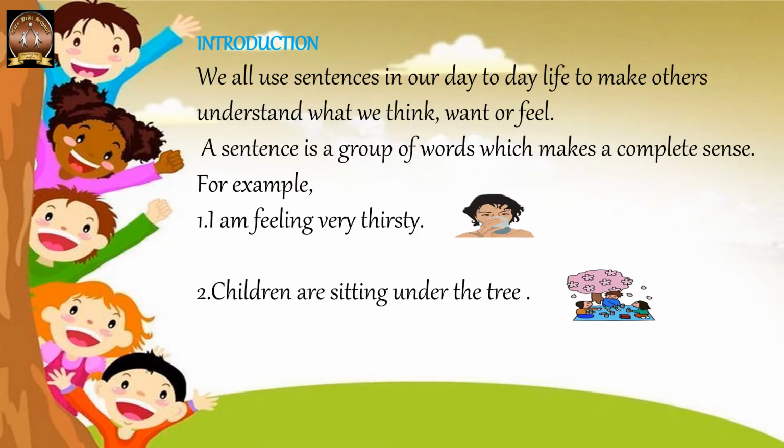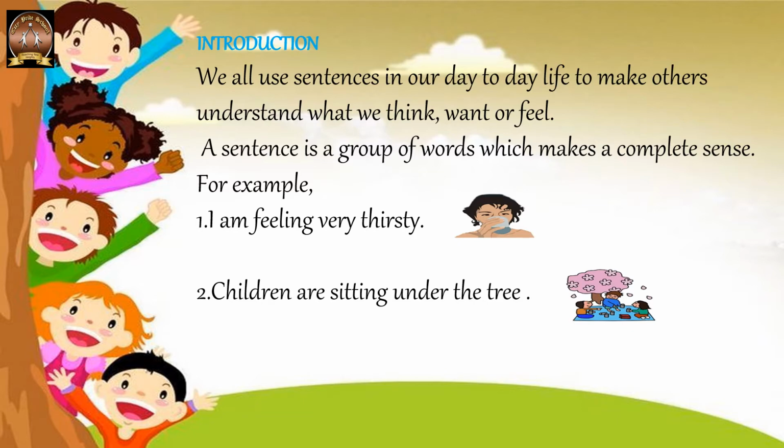We all use sentences in our day-to-day life to make others understand what we think, what we feel or what we want. So a sentence, which we have already learned, is a group of words which makes a complete sense. For example, I am feeling thirsty.